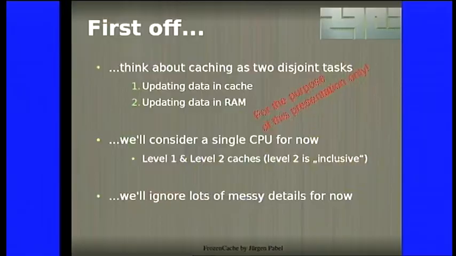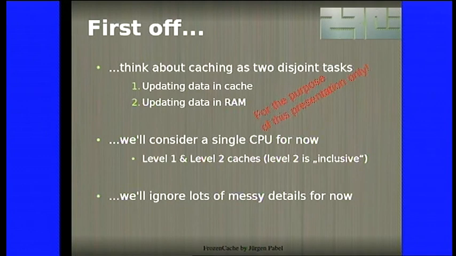So, like I said, we're going to skip over some details, and I want you to think about caching as a sort of two-task thing. One is loading data into the cache. Usually it will be fetched from memory into the cache, and the second part is then getting the contents from the cache to the RAM.